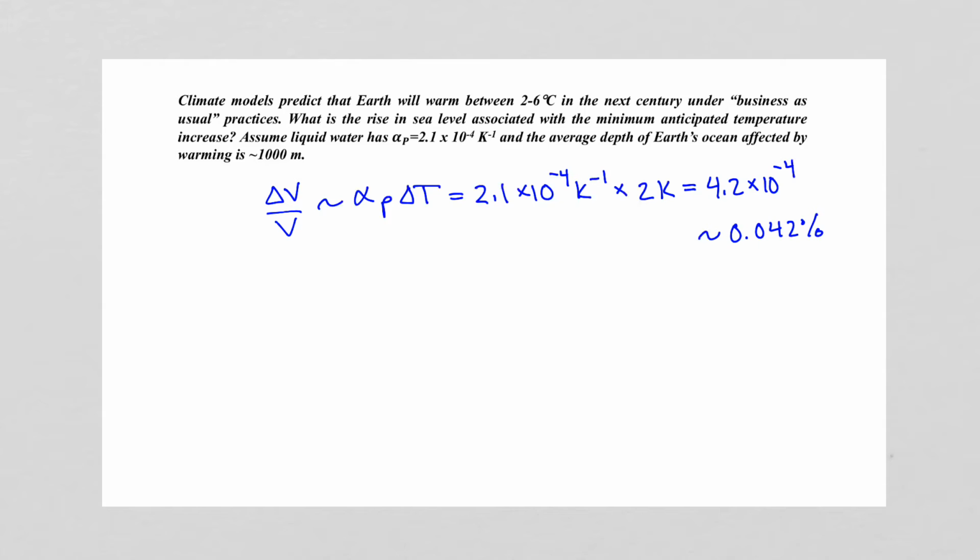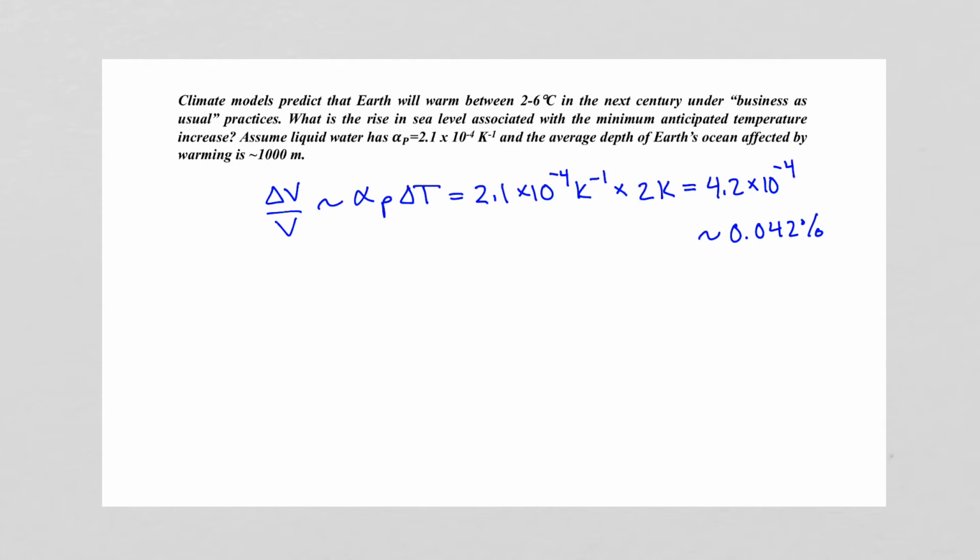So let's take into account the depth of water that is affected by this warming. So we'll calculate the actual magnitude of sea level rise for that quantity of water. So we'll just take our value that we've calculated up here and multiply it by our depth that's affected.